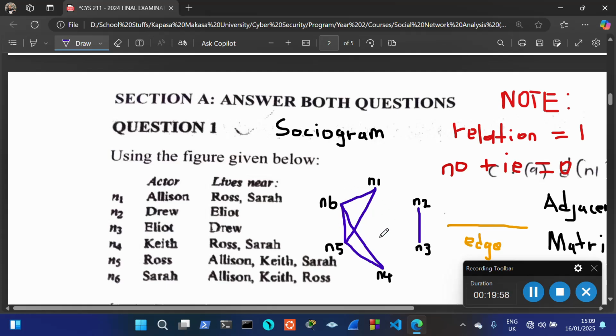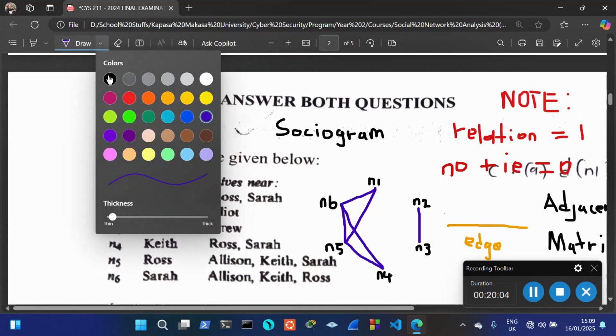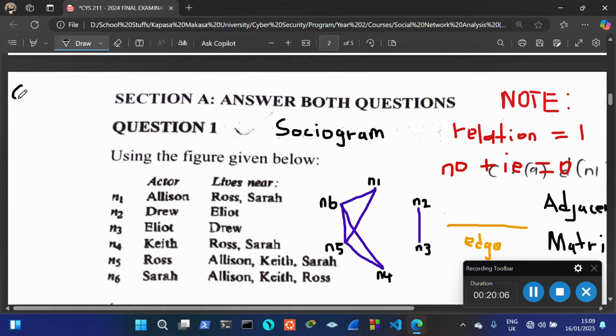So we need to consider one thing here: what is a geodesic distance first. Let me pause the video and write it here, since this paper will be filled up with a lot of solutions. Geodesic distance is the shortest route or path you can take in a sociogram or network.